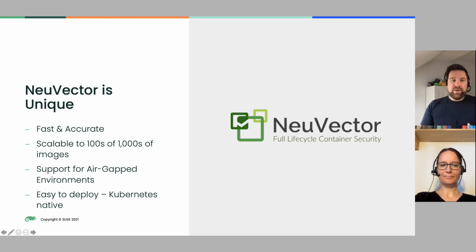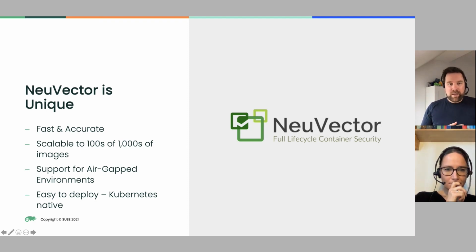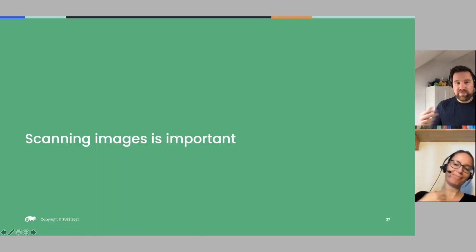What makes NeuVector unique there is that it's a very fast and accurate scanner, and it's very scalable, so you can easily scan hundreds or thousands of images very quickly. It is also very easy to set up in an air-gapped environment where you have to run everything on premise without any internet connection. And it's Kubernetes native, so it's very easy to deploy, run, upgrade and configure. It's in the end just a Helm chart. And scanning images is important.